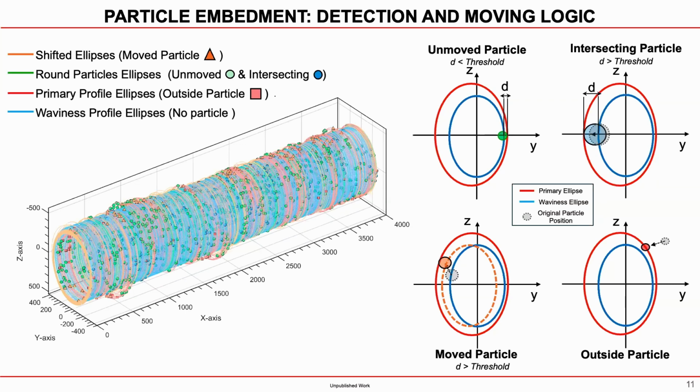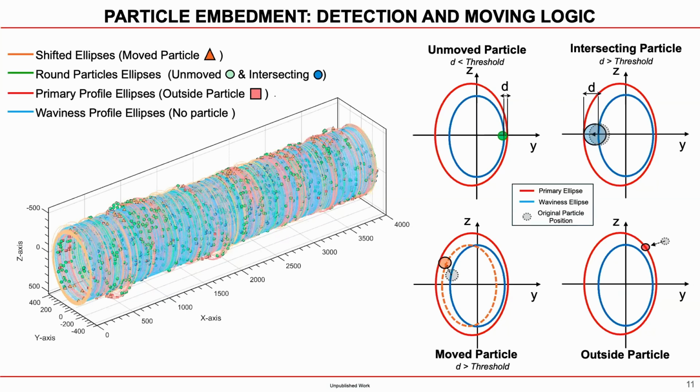Then, if the particle is still intersecting the waviness ellipse, we associate the following ellipse to this particle. If instead the particle, still tangent to the primary ellipse, is no longer touching or intersecting the waviness ellipse, then at this point we shift this ellipse towards the particle.